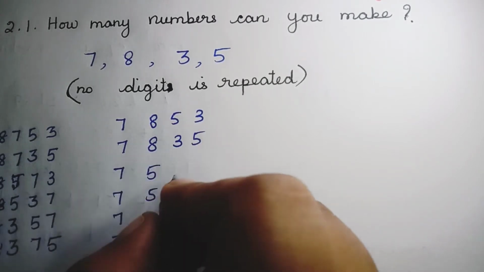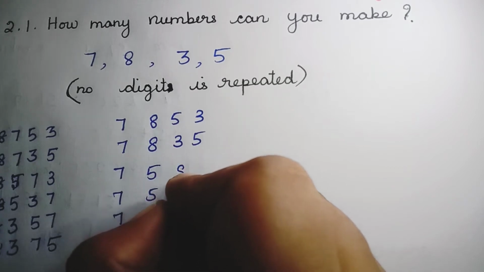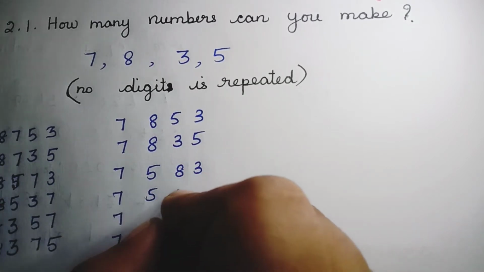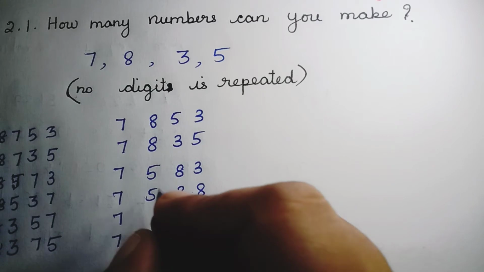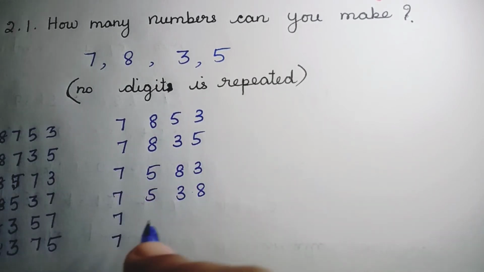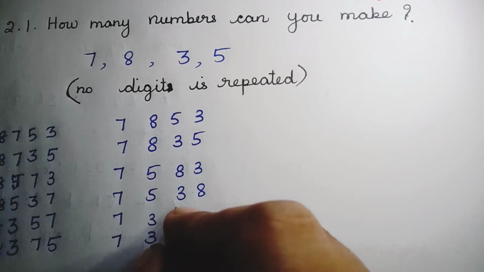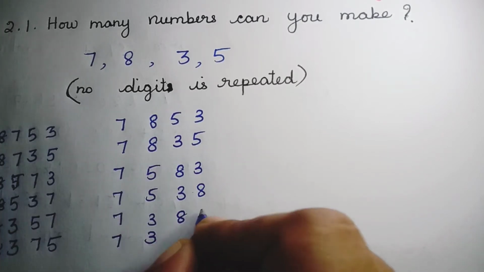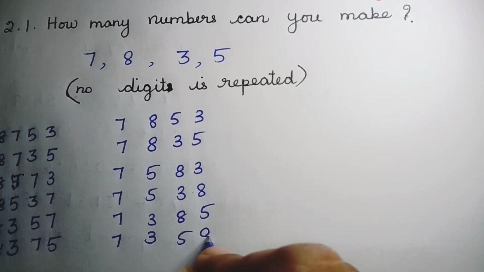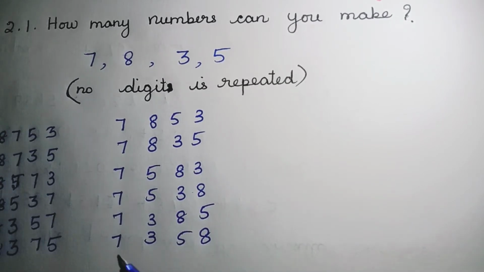Then shuffle the next two numbers, which are 8 and 3. So 5, 3, 8 and 5, 8, 3. Then the next number will be 3. Keep the 3 here, then shuffle the numbers 5 and 8. 8, 5, 5, 8. So these are the possibilities for 7 at the thousands place.